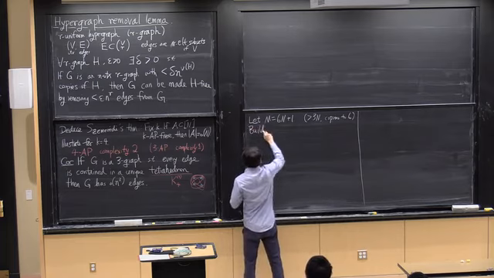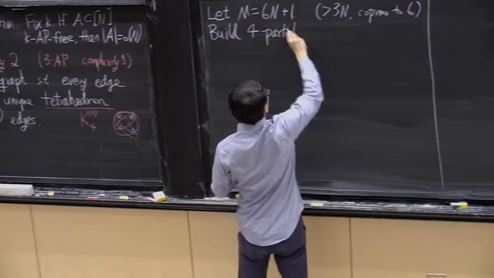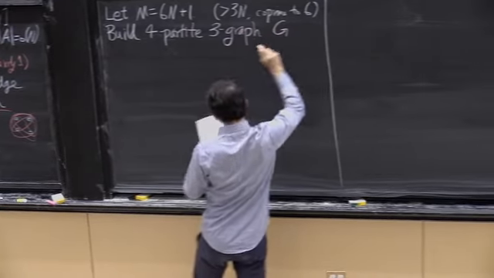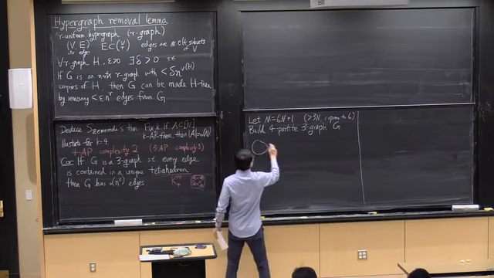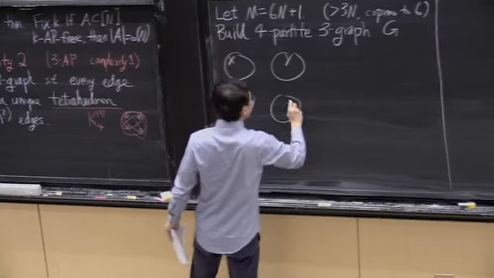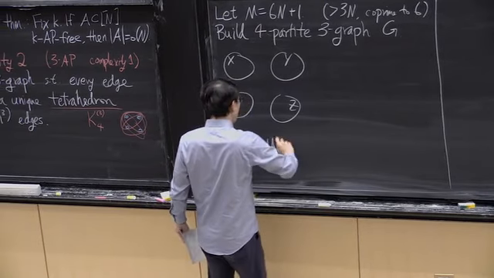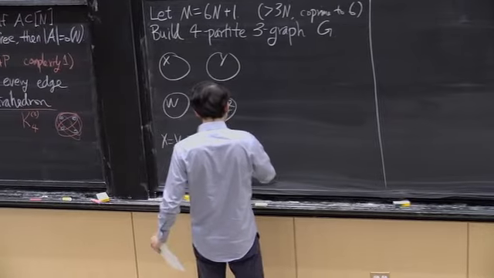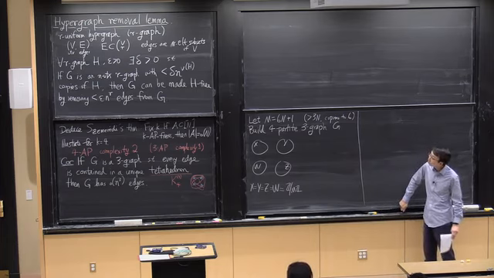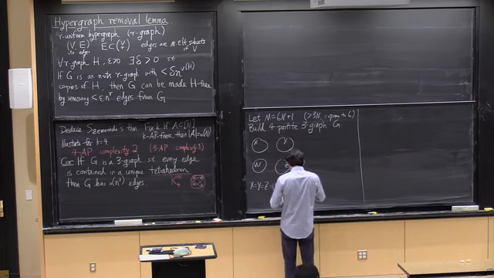So let's build a four-partite 3-graph G, where the four vertex parts X, Y, Z, W all have m vertices each.